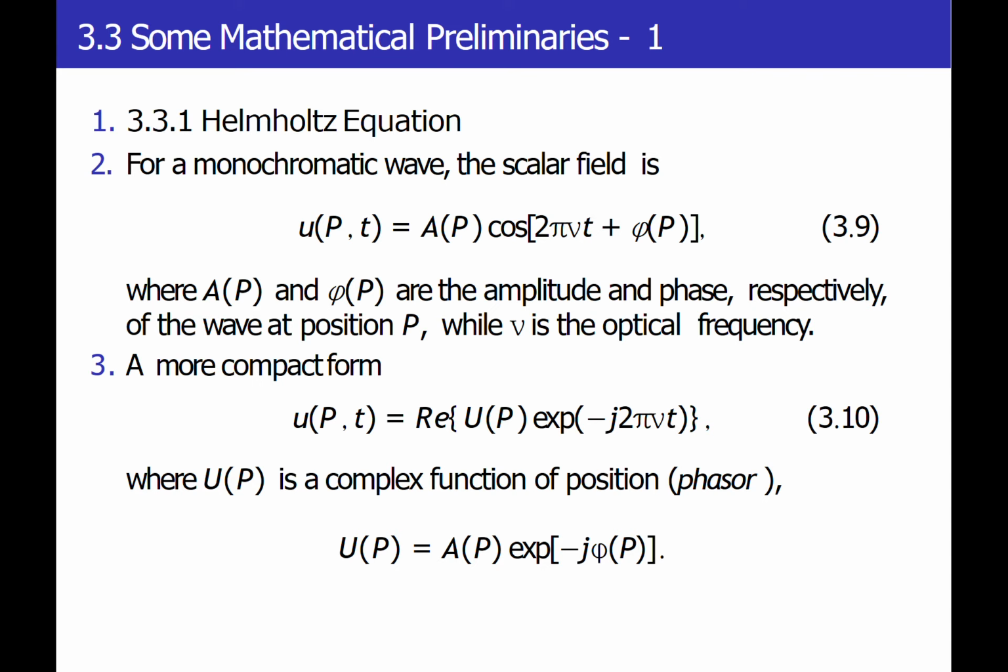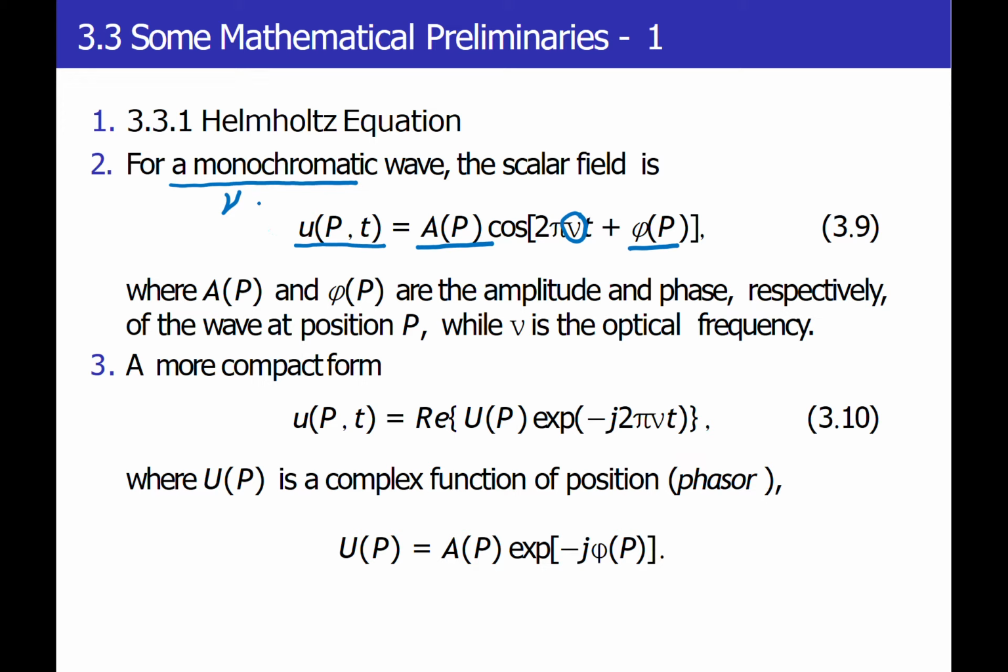And now it's time to think about some of the assumptions. Our scalar field component has a position dependence and a time dependence. For the time being, we are going to assume it is monochromatic. That means we have only a single frequency, nu. Then we have a phase and an amplitude. Note that both amplitude and phase are position dependent, and that nu doesn't change.